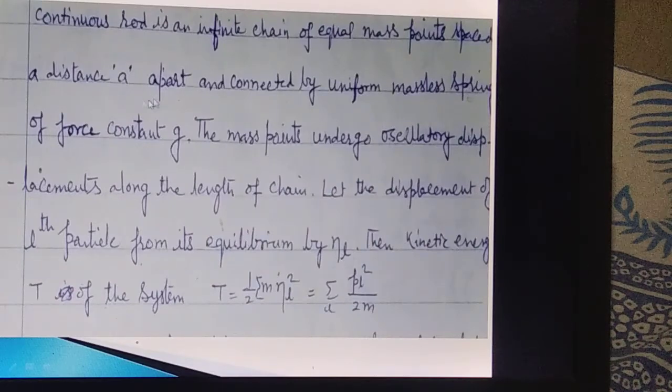So the mass points undergo oscillatory displacement along the length of the chain, and as we discussed, if the displacement of the lth particle is eta l, then the kinetic energy of this particle will be 1/2 m eta l dot square, and the kinetic energy of the whole assembly will be T equal to summation 1 by 2 m eta l dot square, which you can write as summation l pl square by 2m.